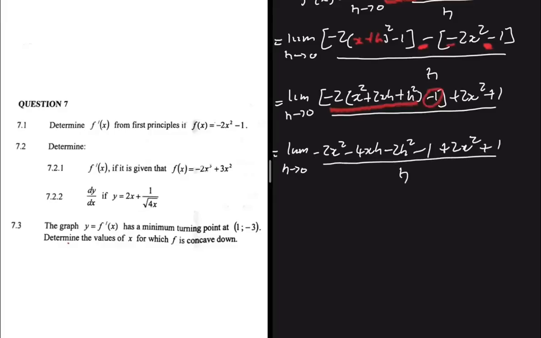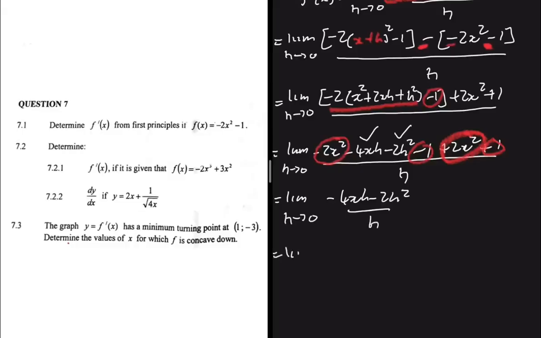Now I want to show you something. We have minus 2x squared here plus 2x squared, and then we have minus 1 plus 1. So we're only left with minus 4xh and minus 2h squared. So we're going to have the limit as h tends to 0 of minus 4xh minus 2h squared divided by h.